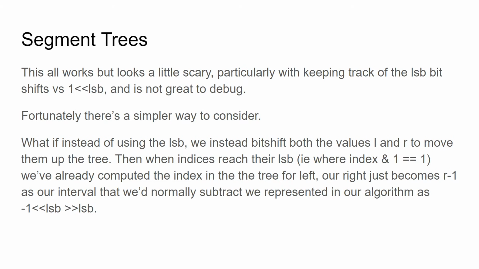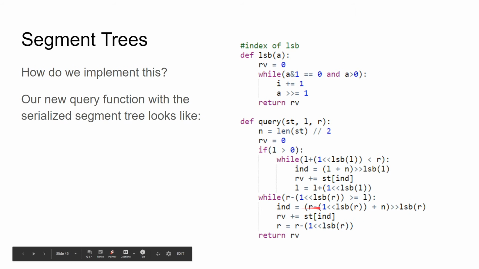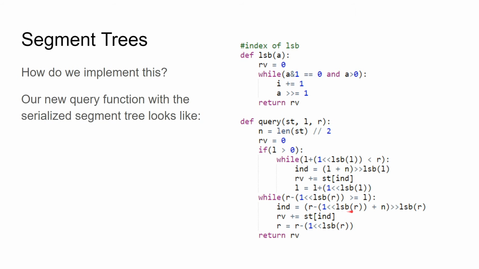So we've already computed the index for the tree for the left, and our right index just becomes R take 1. If you look at the previous slide and how we were calculating the index for R, we actually do R take 1, bit shift by the LSB, and then bit shift it back.